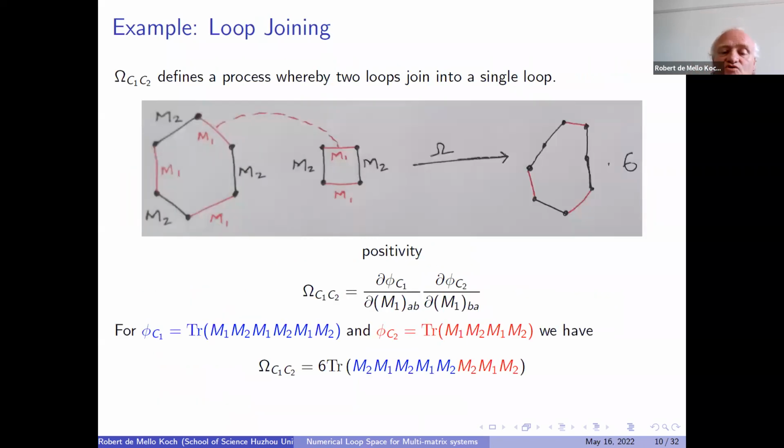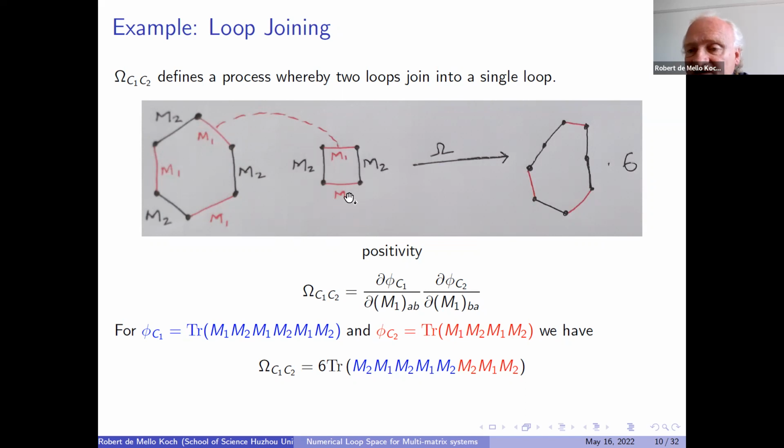So let's first of all talk about loop joining. What I've done here for phi C1, I've got trace M1, M2, M1, M2, M1, M2, and I've drawn it as this closed hexagon. The black sides are M2, and the red sides are M1. And I'm going to join this with the smaller loop phi C2, which is trace of M1, M2, M1, M2. Two black sides, two red sides.